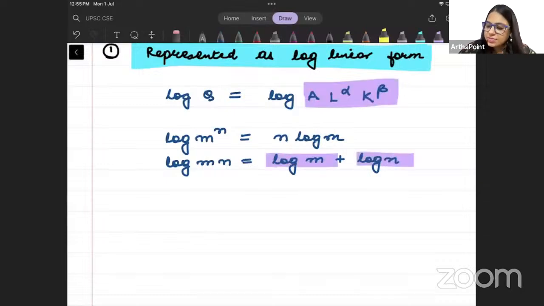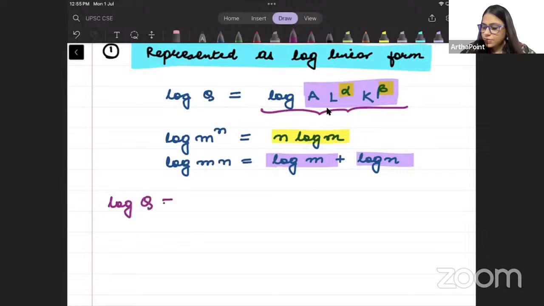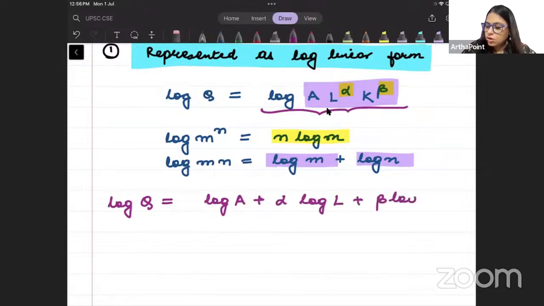And since I see them in these powers, so I can just bring the power down. मैं ये दोनों ही चीजें कर सकती हूँ. I can bring the power down and I can also just open up this multiplication. So if I do these two things here, तो मुझे कुछ ऐसा मिल जाएगा. Log Q is equal to log A plus alpha log L plus beta log K.